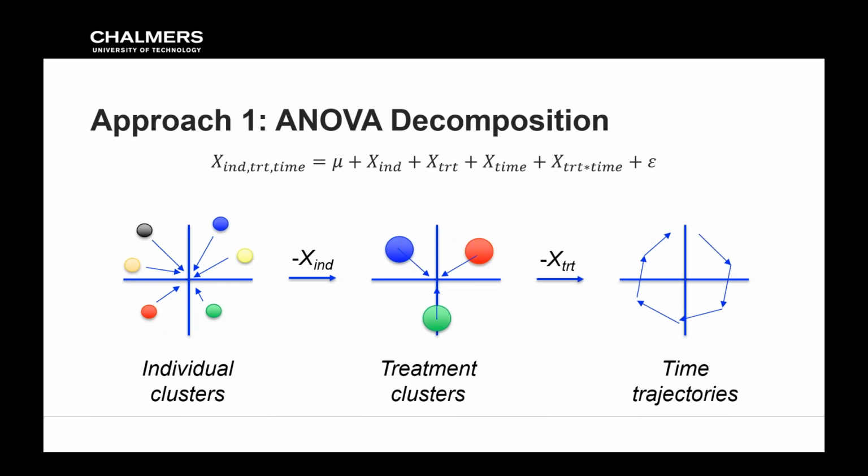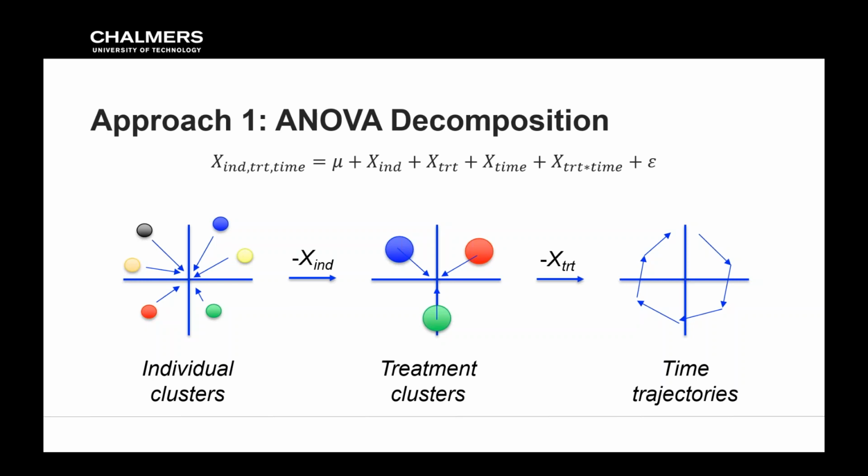If we find that data partition, we can remove that variation and then look at, for example, the time trajectories. The beautiful thing here is that we can model any and all of these data partitions individually and separately from each other by, for example, PCA, which is the fundament of the ASCA.